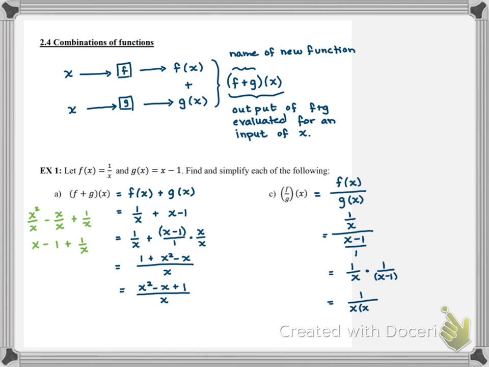A pattern that you might start noticing is that when you divide a fraction by a whole number, anything that's not a fraction, that denominator just ends up in the denominator of the original fraction, right? Like, if I have 2/3 divided by x, that always just ends up being 2 over 3x.